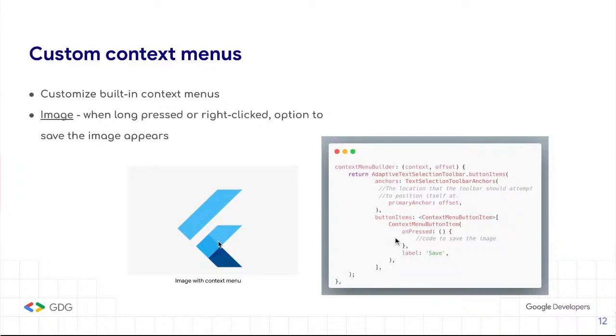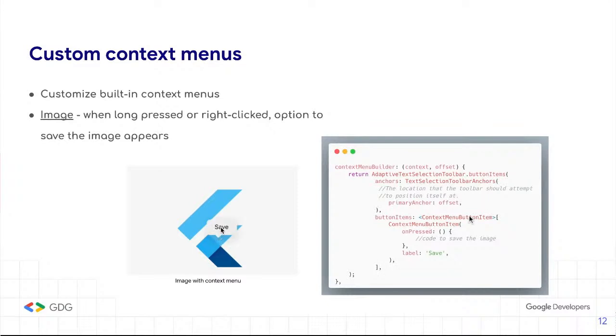Obviously, if it is send email, the on pressed is going to be different. If it is save, then you're going to write code for saving the image in your system. And if it is for copy or paste, it's going to be entirely different. So this is completely dynamic. You can change it as per your use case.